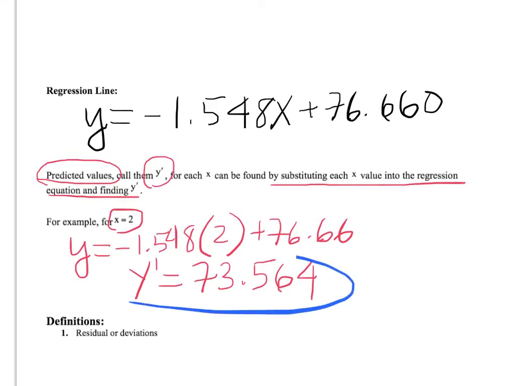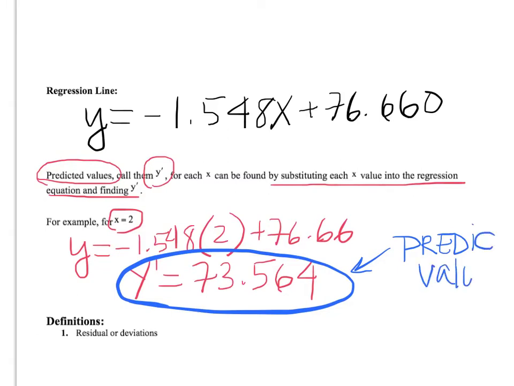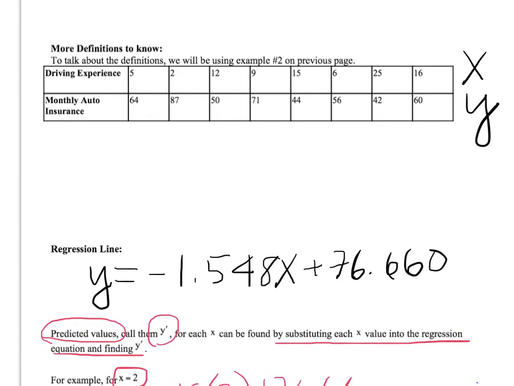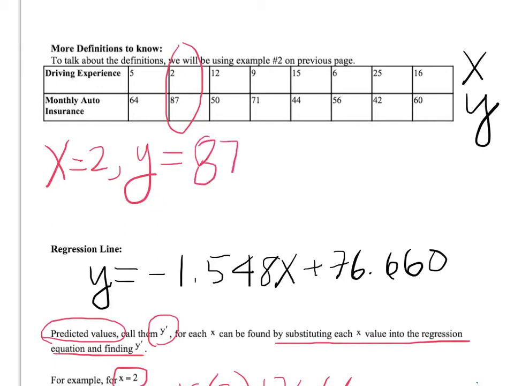So again, this we just found is your predicted value. Okay, so what does that have to do with what we're talking about? We want to remember that we actually already have a value here, right? When x is equal to 2, we know the y value is equal to 87.